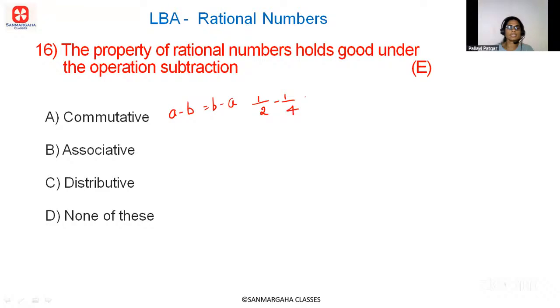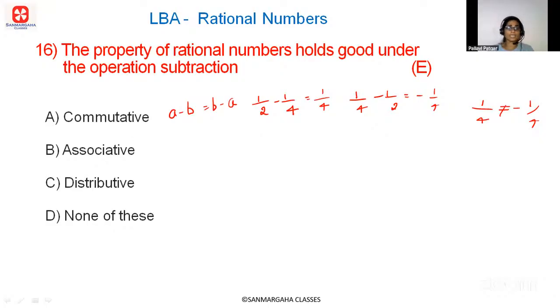So we'll get 1 by 4. But if we take 1 by 4 minus 1 by 2, this is equal to minus 1 by 4. Since 1 by 4 is not equal to minus 1 by 4, subtraction is not commutative.